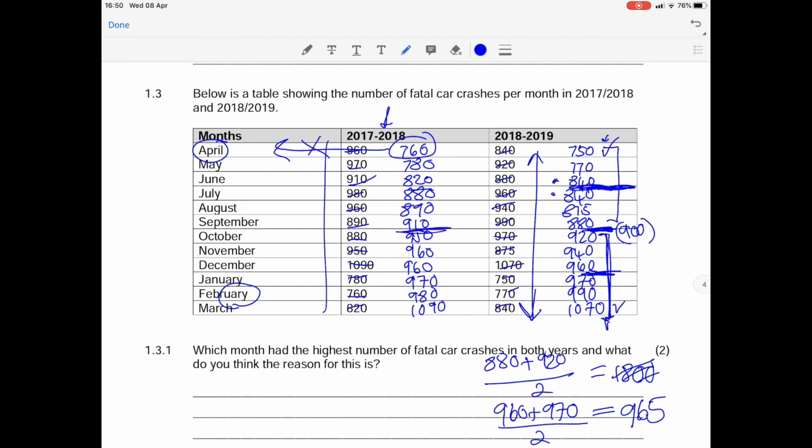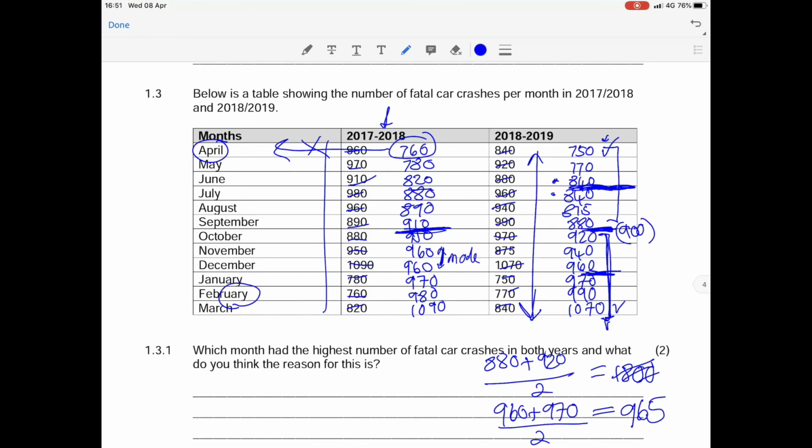Median is going to be my middle number somewhere over here. And mode is going to be the number that appears the most. So where I have repetition, which is over here at 960, that is my mode, because that number appears twice, whereas all my other numbers only appear once.